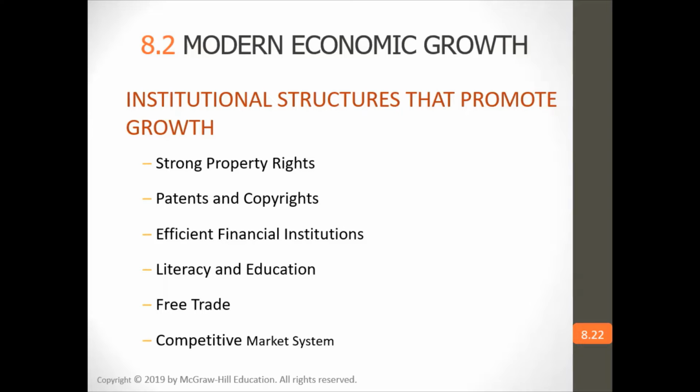They know that they can make money off of royalties from patent licensing. Efficient banks, high education, high literacy, free trade, competition. Competition is good for the consumer because the consumer gets low prices, which they can afford.